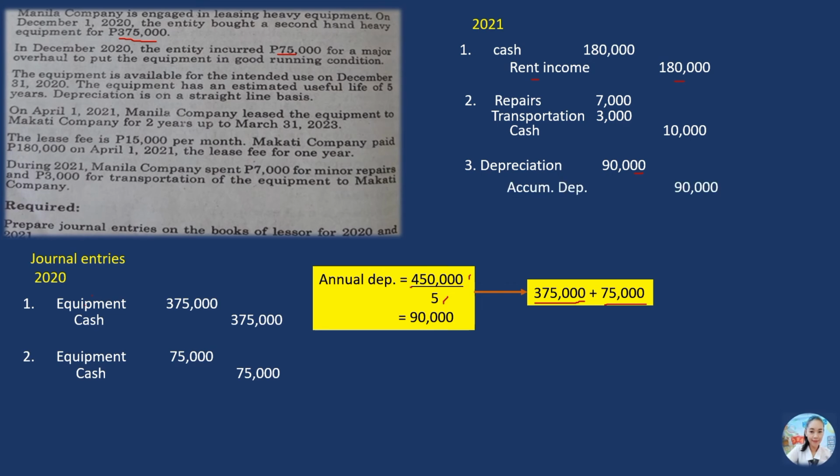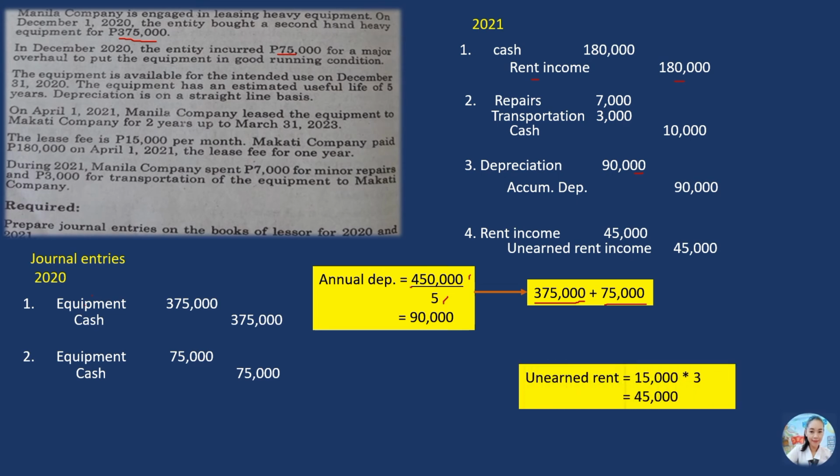Next is rent income of 45,000. Here, the earned rent income is 15,000 times 3 months.